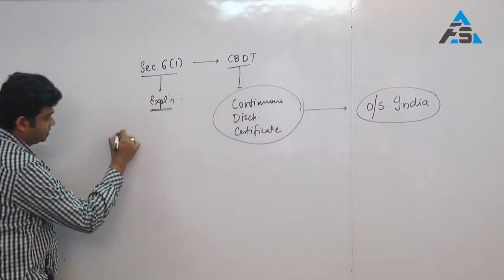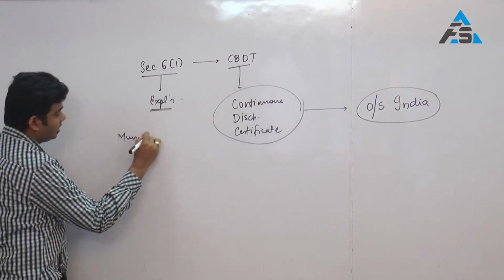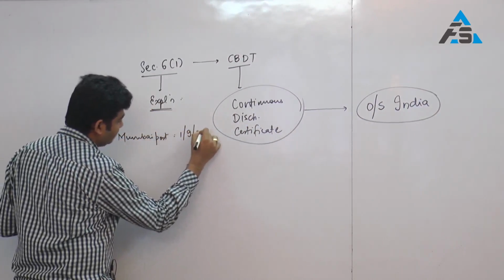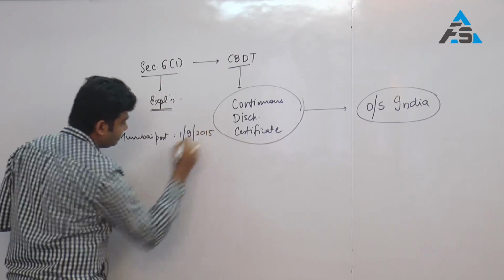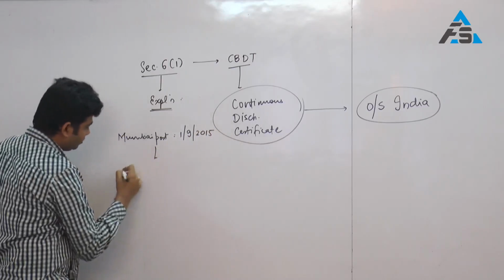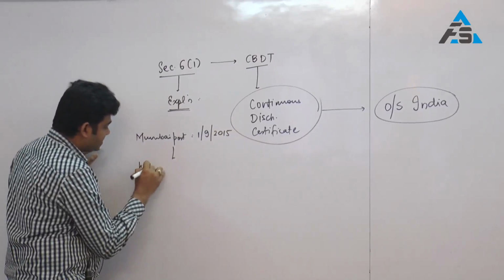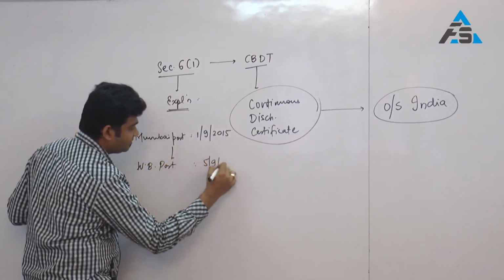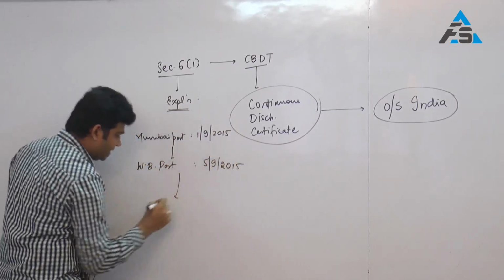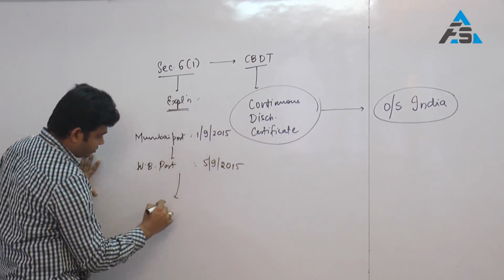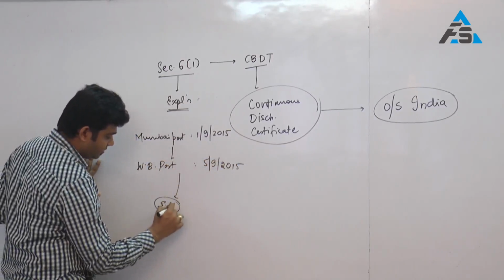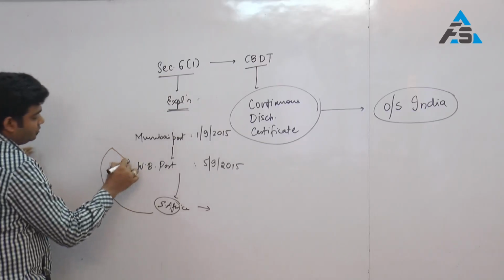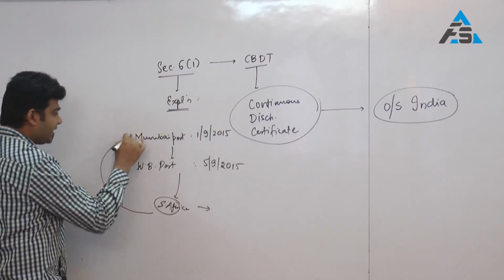Pay attention. Suppose there is a ship which leaves from Mumbai port on a particular day, say for example 1st September 2015, and it goes, say for example, to West Bengal port, which is still a part of India, on say 5th of September 2015, then leaves India and say goes to South Africa, and then comes back to West Bengal, and then comes back to Mumbai.